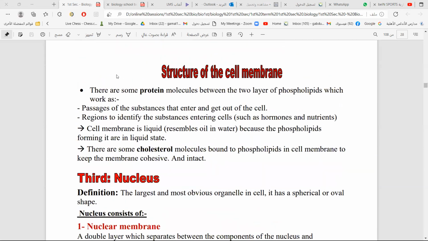Now we can go inside the cell membrane. The cell membrane is made of protein also. In addition to the bilayer of phospholipid, we have also protein molecules.